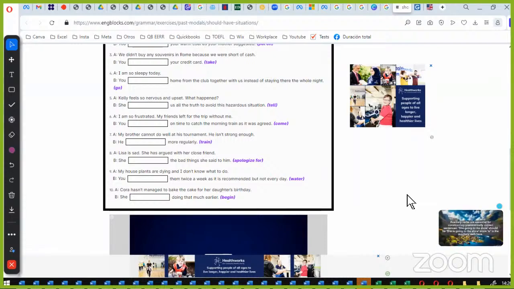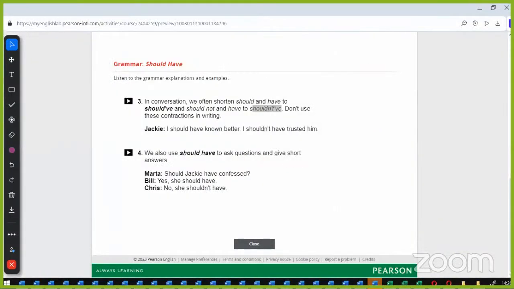And number 10. She should have begun. Begun, right? How do you write it? B-E-G-U-N. And the simple past is with A at the end, right? Yes, began, yes.